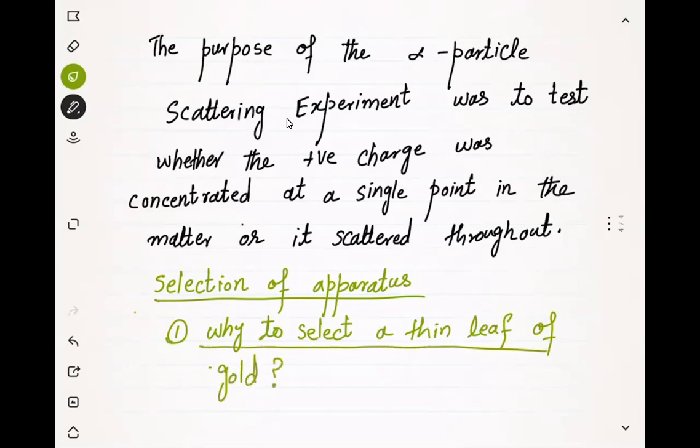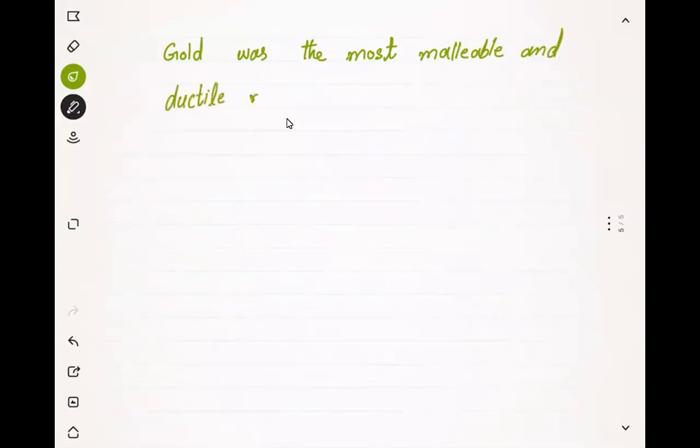What was the purpose of selecting a thin leaf of gold? The purpose of selecting a thin leaf of gold was that it is the most malleable and ductile metal available.